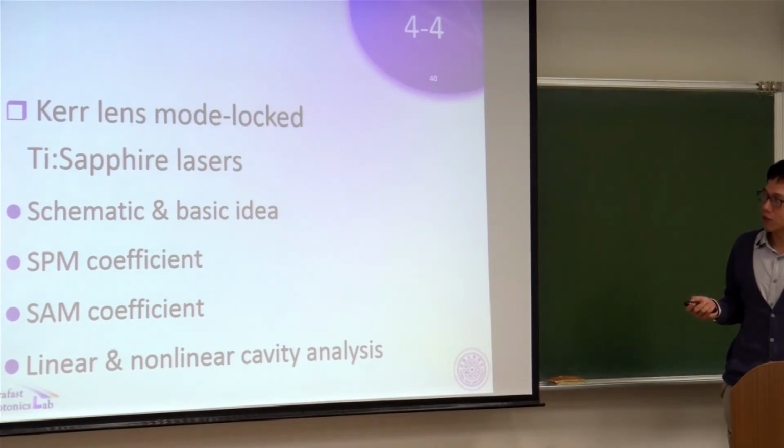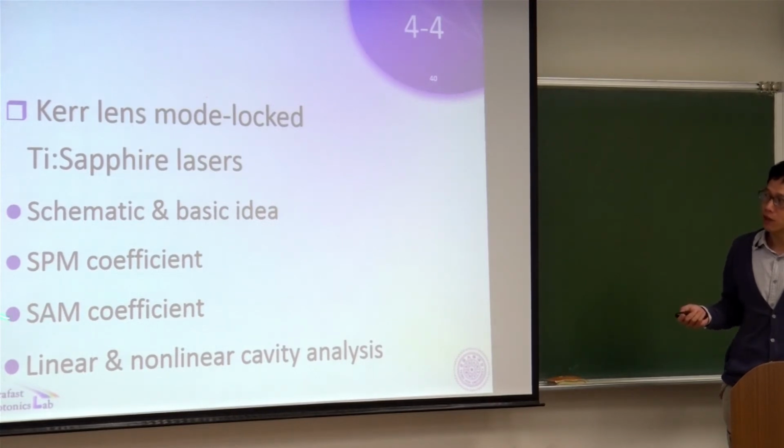We will start with the simple schematic and the basic idea of Ti:sapphire lasers. We will try to calculate the SPM coefficient and the SAM coefficient. Why? Because in our master equation, these two coefficients are necessary if you want to know the steady-state pulse parameters.